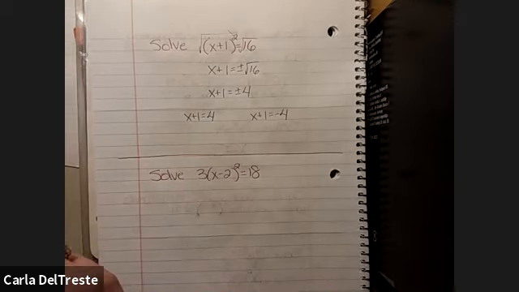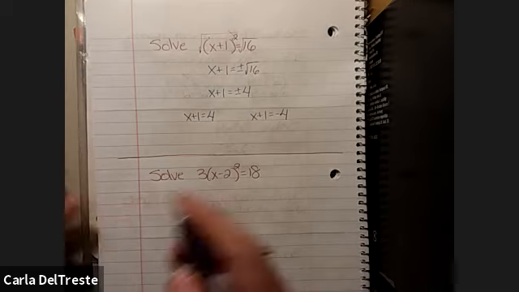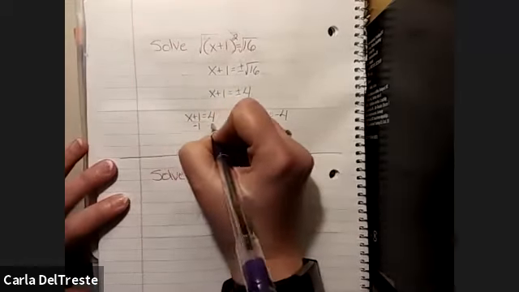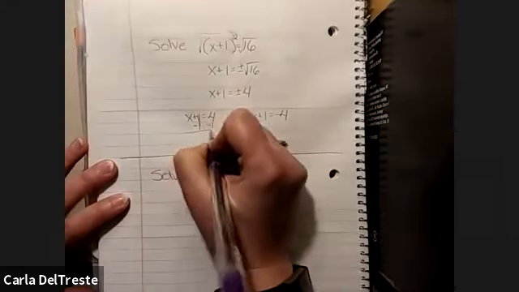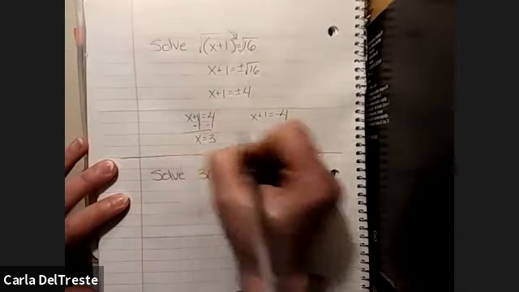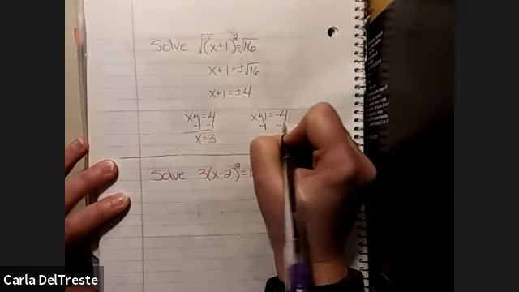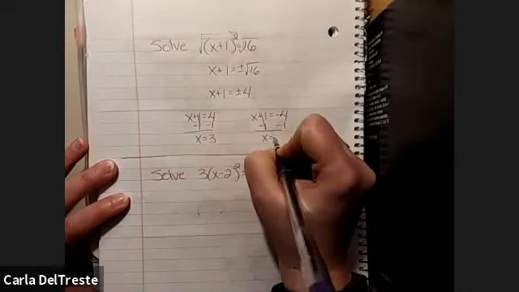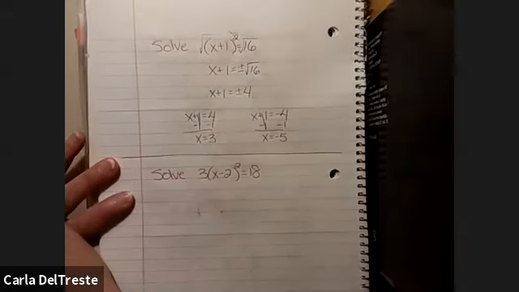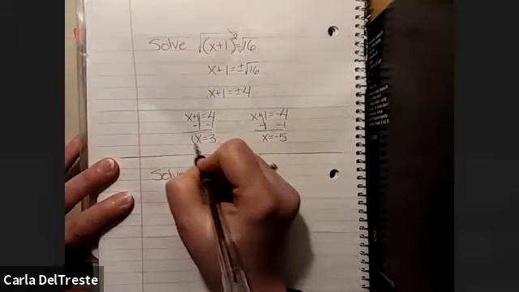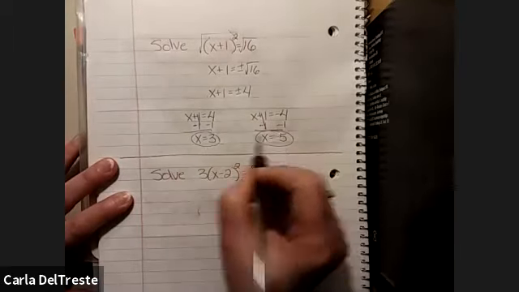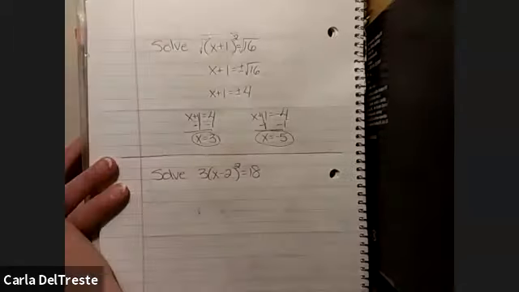So when I add 1 to both sides, or subtract 1 from both sides, I get x equals 3 or x equals -5. Both of these are the solutions to the original equation.